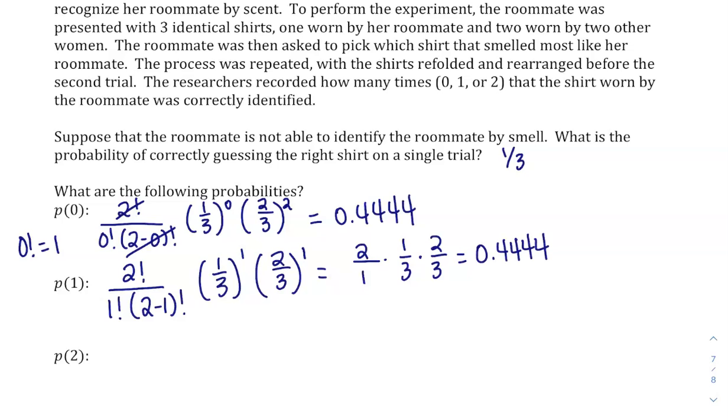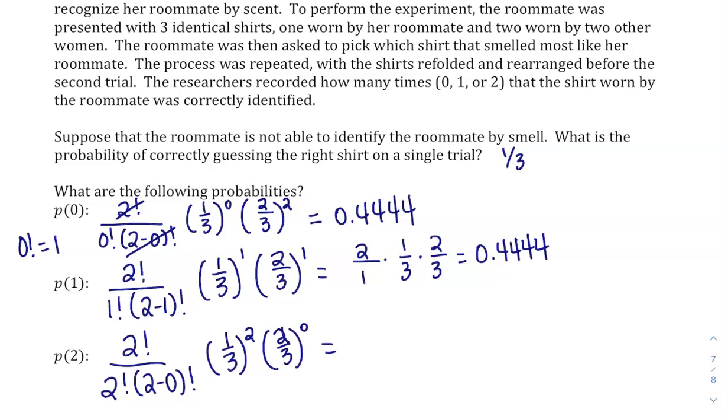Then the probability, if she was just guessing, that she would get both correct would be 2 factorial over 2 factorial, and then 1/3 for both of them, and 2/3 none of the times. Those all cancel, and so we're looking at 1/3 squared, and that gives you 0.1111.